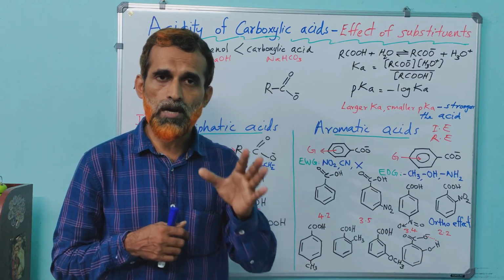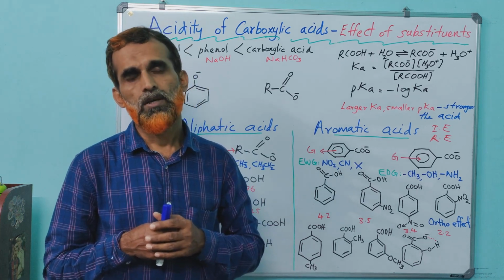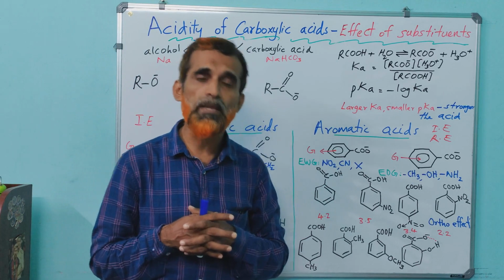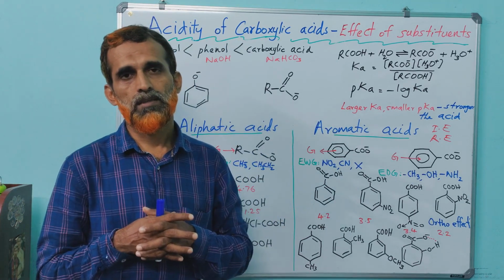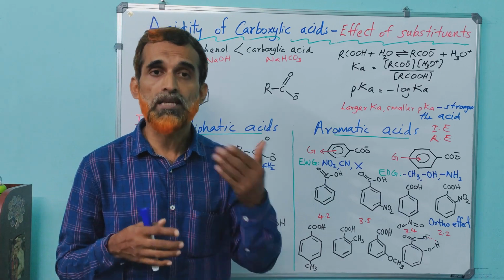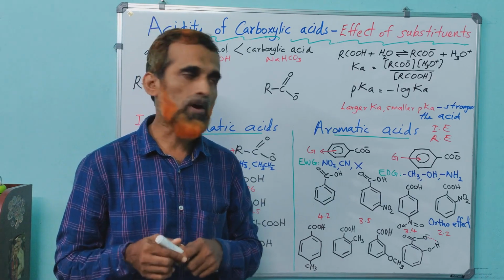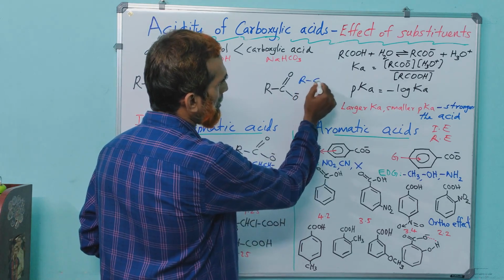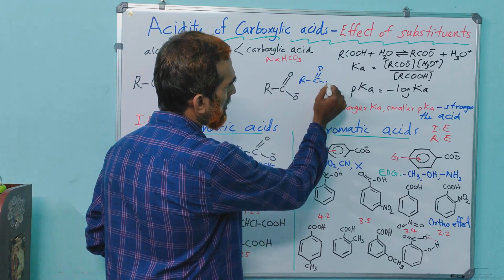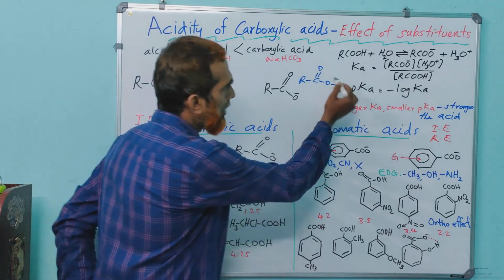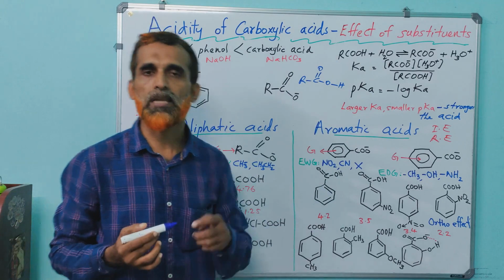One is regarding solubility. Lower carboxylic acids are soluble in water. That can be attributed to the ability to form hydrogen bonds with water. You know, carboxylic acid is highly polar due to the presence of the carbonyl group, which is polar, and the OH group, which is also highly polar.